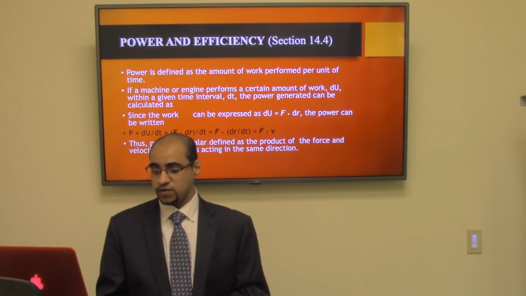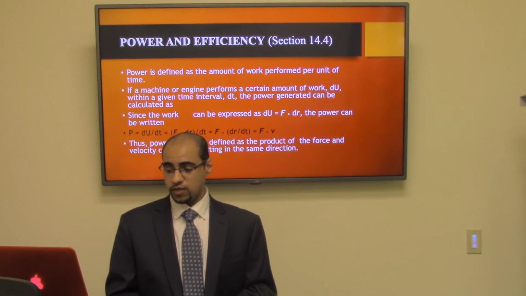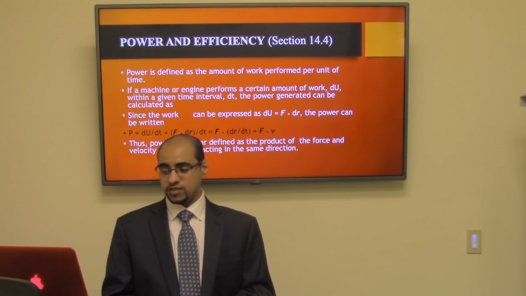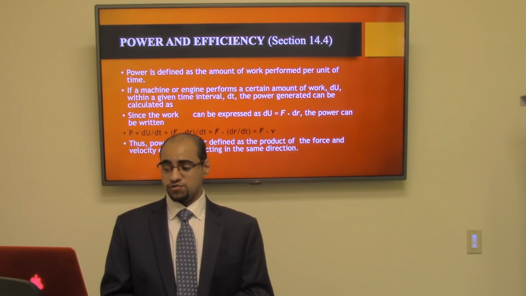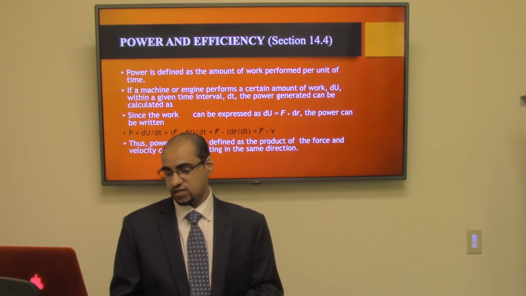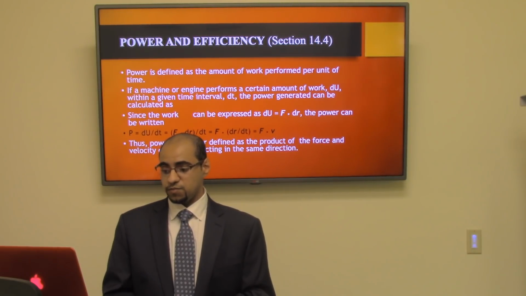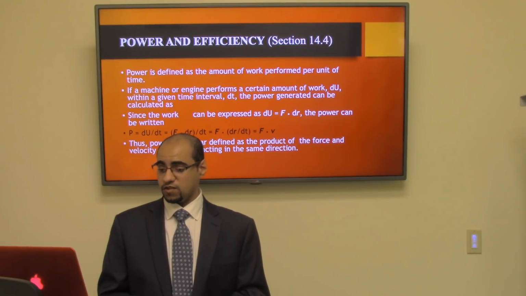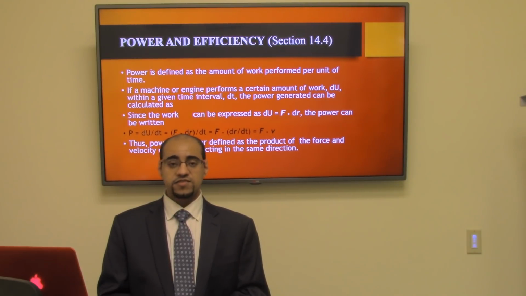The power is delta U over delta T, which gives us F delta R over delta T, equal to F multiplied by velocity V. Thus, power is defined as the product of the force and velocity components acting in the same direction.